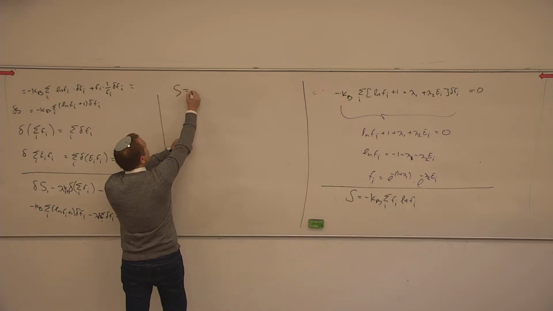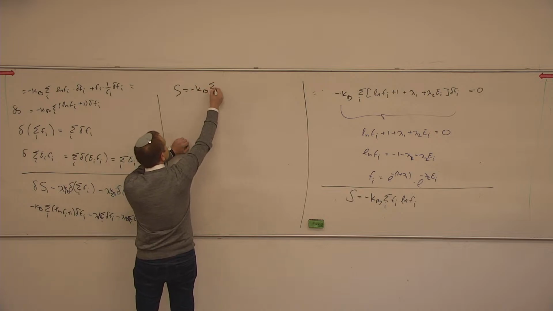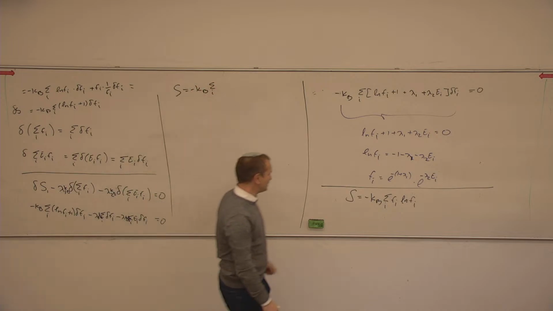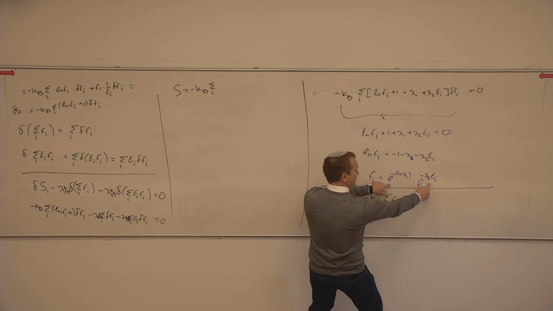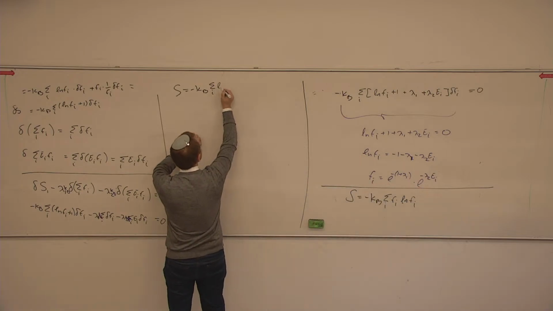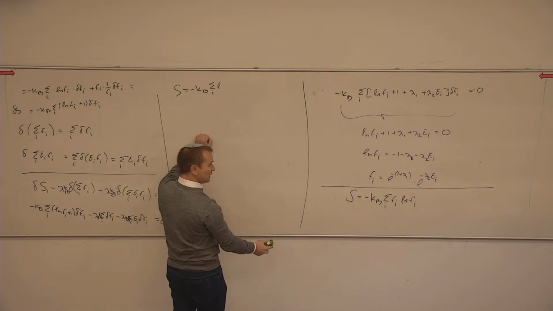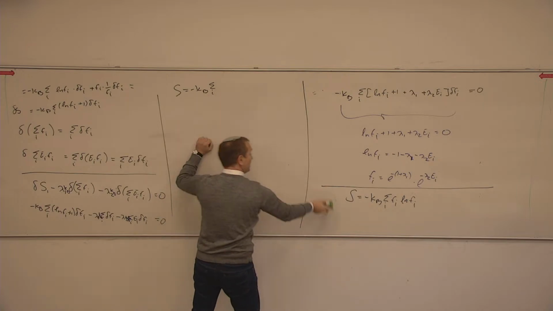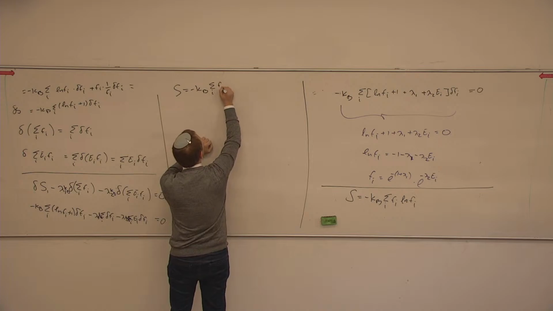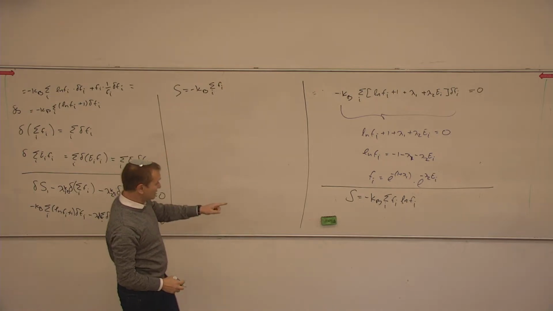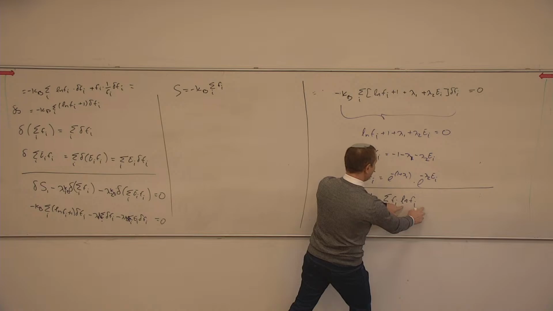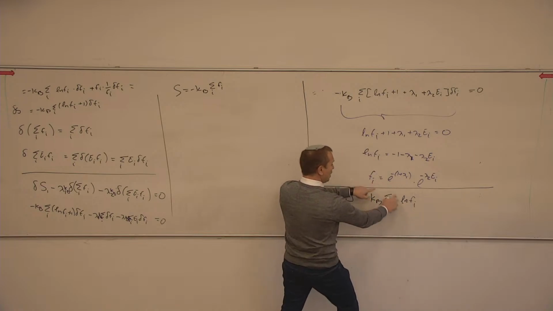So we have S equals minus k Boltzmann sum over i. We keep this f_i as it is, and we just replace the log of f_i with the log of this guy.